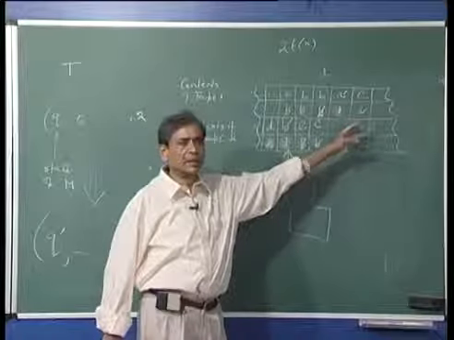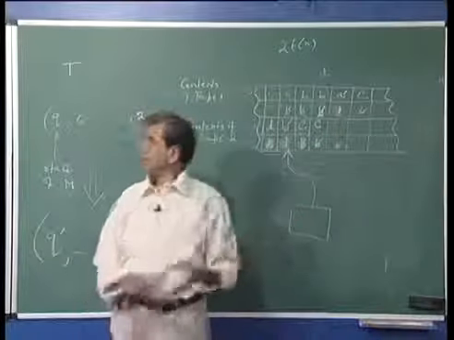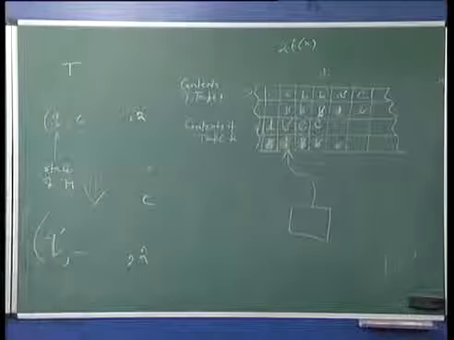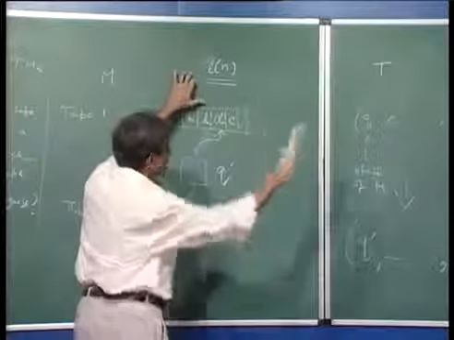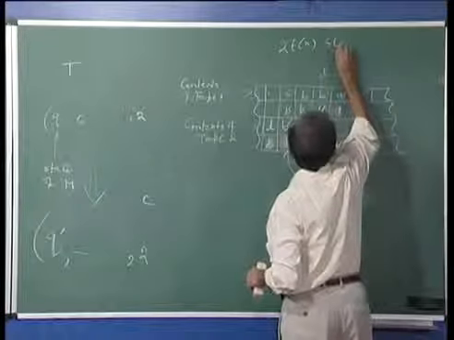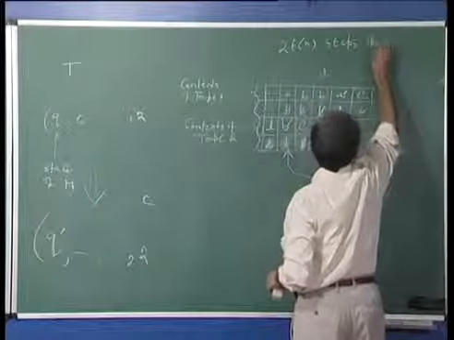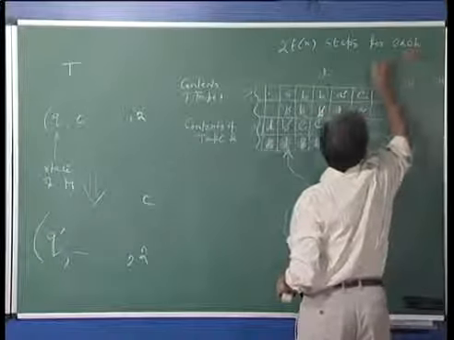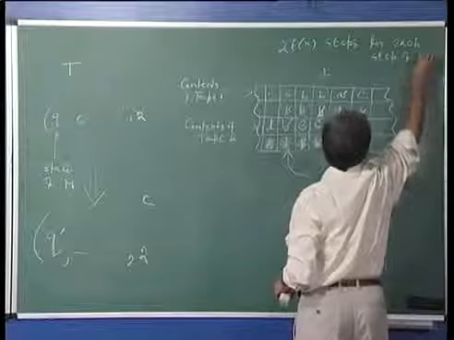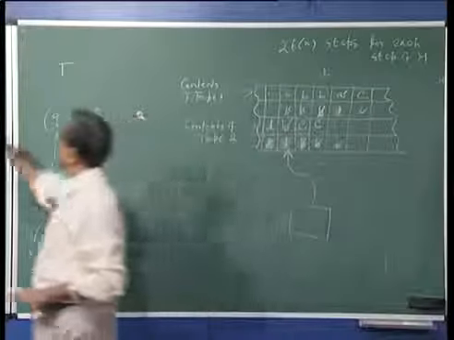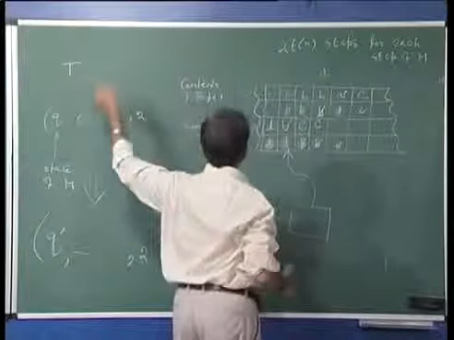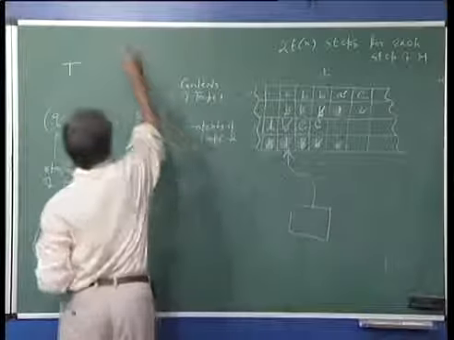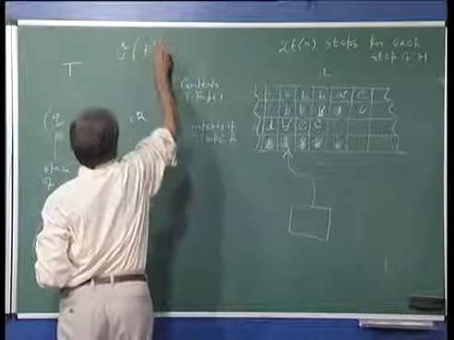So, in the worst case, if this machine took Tn steps to recognize something, that particular machine will take 2 Tn steps for each step of m. Now, m is taking Tn steps, and this is taking 2 Tn steps for each step of that. So, the total number of steps is going to be order T square n.